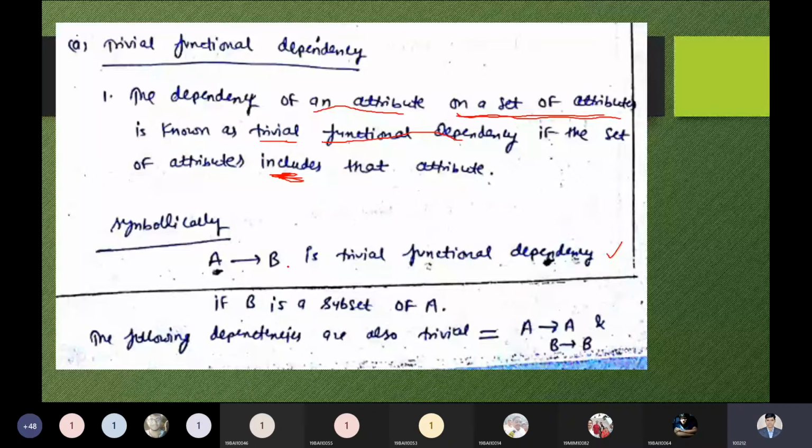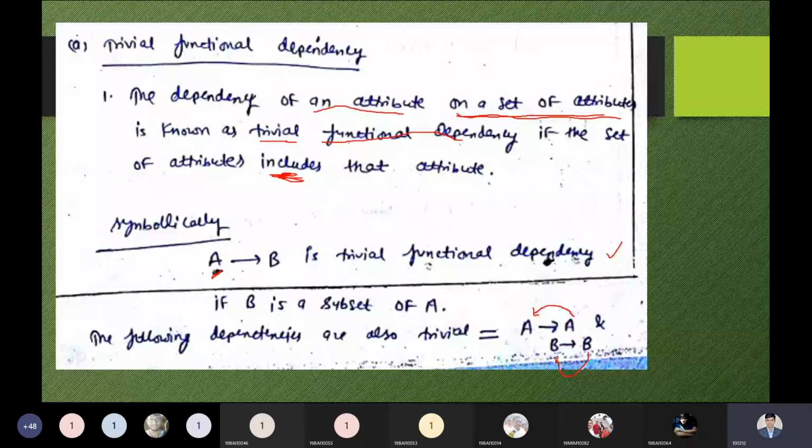The following dependency is also trivial: A itself depends on A, so it is a trivial functional dependency. That's why it is known as a small or tiny functional dependency. The same goes for B, where B is an attribute representing a functional dependency on itself. Sometimes this is called a self functional dependency.